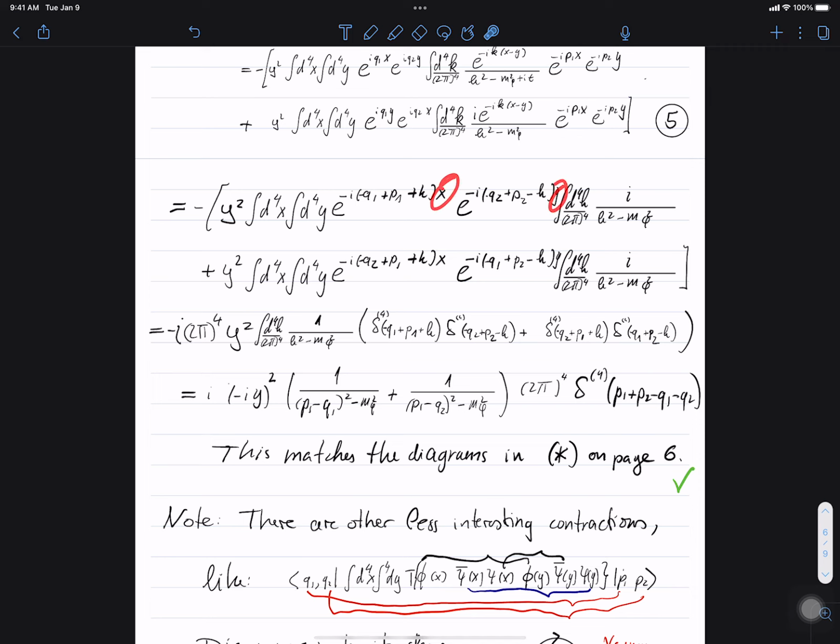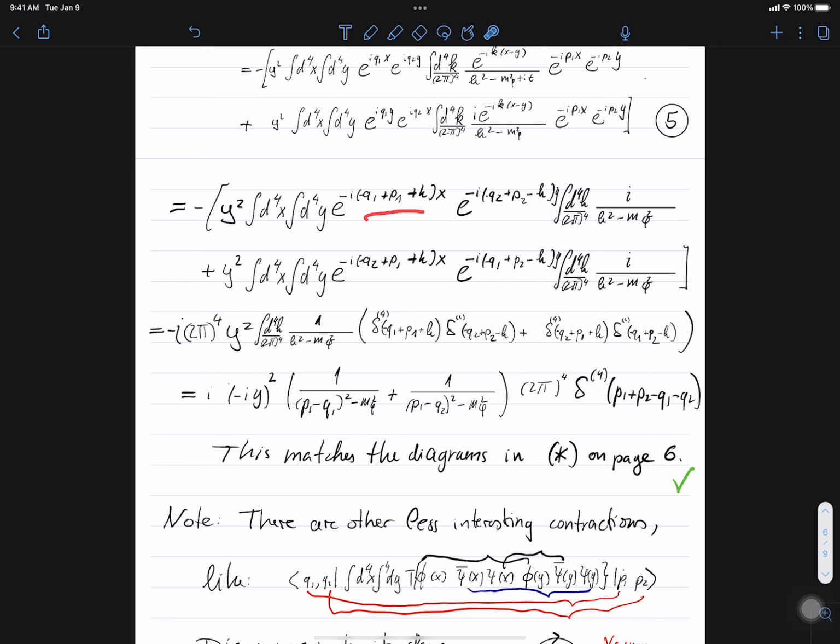Integrating over x and integrating over y gives us delta functions. These become delta functions here and here, and the propagator for now remains the same. We just want to construct delta functions from these integrals. This is the definition of the delta function.